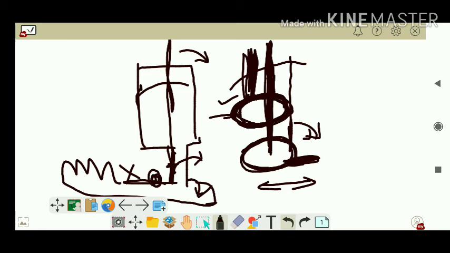Both the rings are rotating along with the coils. When this side moves up, this ring also moves along with it. Similarly, when the bar below moves down, the downward ring also moves down, not in the left-right direction, only in the up and down direction.